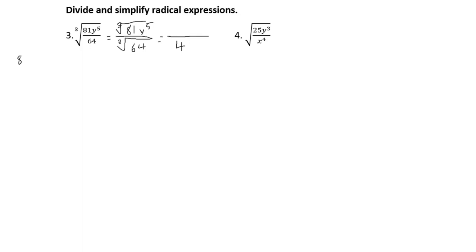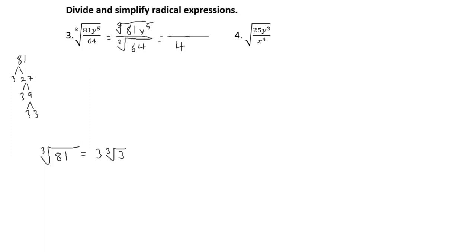81 is 3 and 27, and 27 is 3 and 9, 3 and 3. So 81 is 3 to the fourth. So if we have the cube root of 81, that's going to equal 3 cube root of 3.